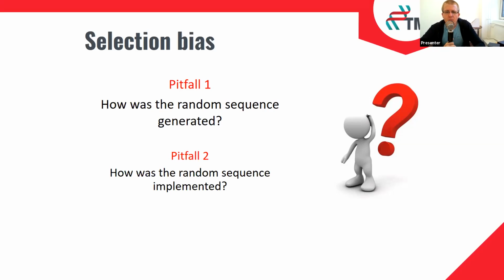Another pitfall: how was the sequence implemented? These sequences are usually generated in advance. Let's say we generate the sequence for 100 patients in advance. Then when they come to the clinic, we randomize them one by one. We have the random numbers in an envelope, or the computer gives us the numbers. But I may somehow figure out in which group the patient will be allocated.